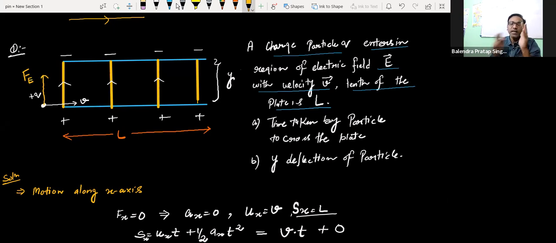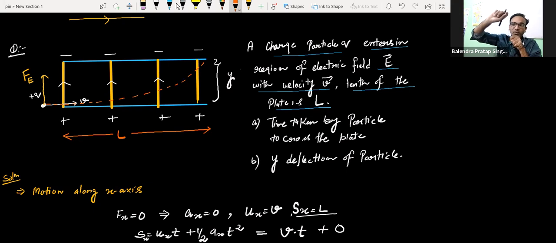The direction of force is perpendicular to the velocity, because the charged particle is moving along the x-axis and it will experience a force along the y-axis. It will enter this electric field, and due to this force it will follow a trajectory, and after some time it will cross this plate, because it experiences acceleration due to this force.